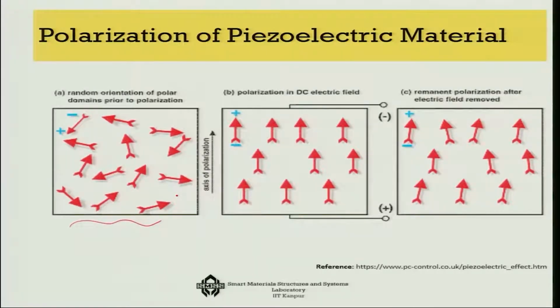On the other hand, if you apply a very high DC electric field and then remove that electric field, you will get it partially aligned here, partially aligned. Once we do that, we call this the process of polarization. Then if you apply voltage, you will see a very sharp effect of piezoelectricity on the system.